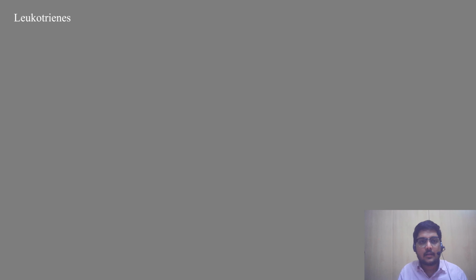And at last, leukotrienes. What are the drugs acting on leukotrienes? What is some of the physiology of the leukotrienes? We will discuss now. What are these leukotrienes? So let us go back. Arachidonic acid. We learnt about COX-1 and COX-2 pathways, right? Coming to the lipoxygenase pathway, what happens with this arachidonic acid?